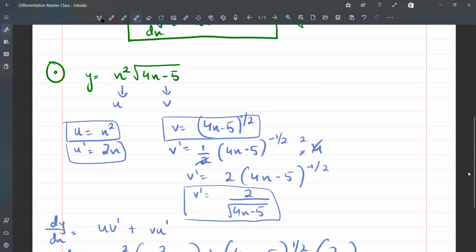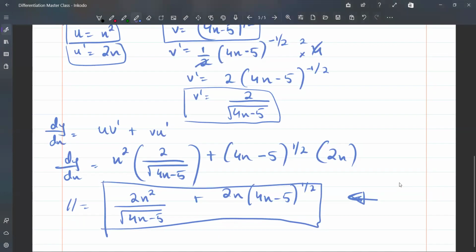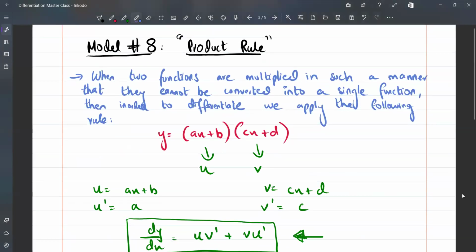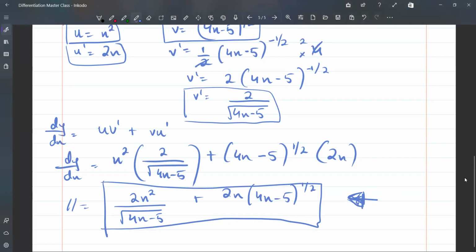If the question asks you to find the gradient at this point, I don't think there's any need to simplify it further. But if the question asks you to give your answer in the simplest form, I think you should. All right. So similarly, now let's move on to model number 9. I hope this model is clear.